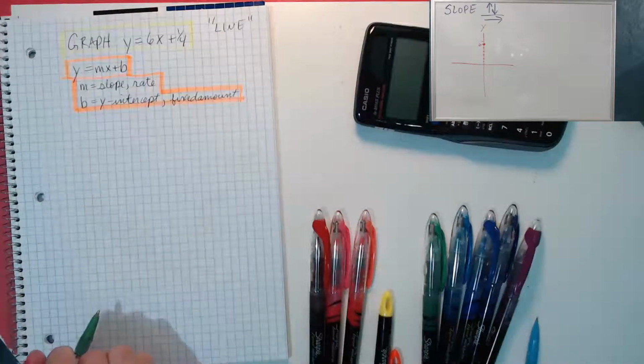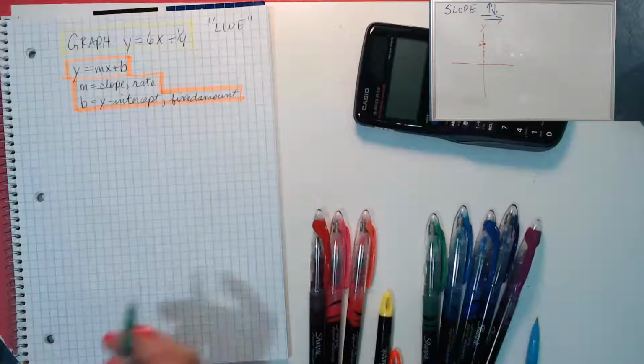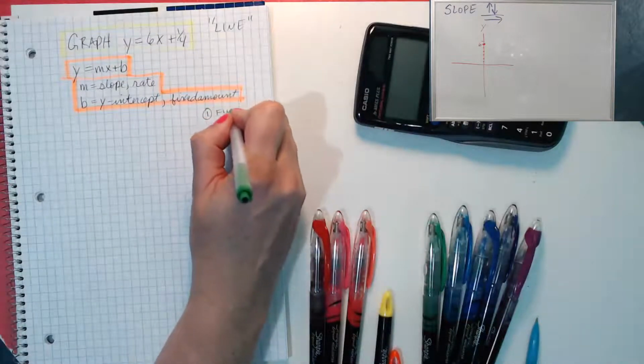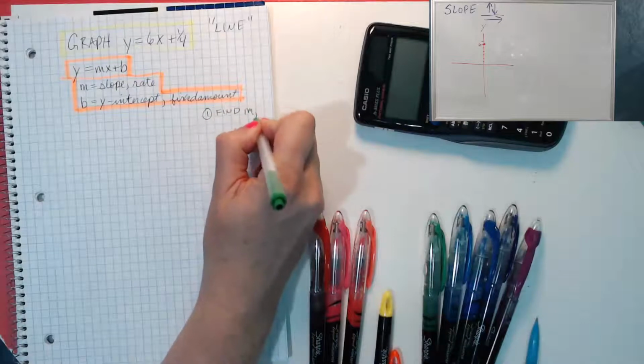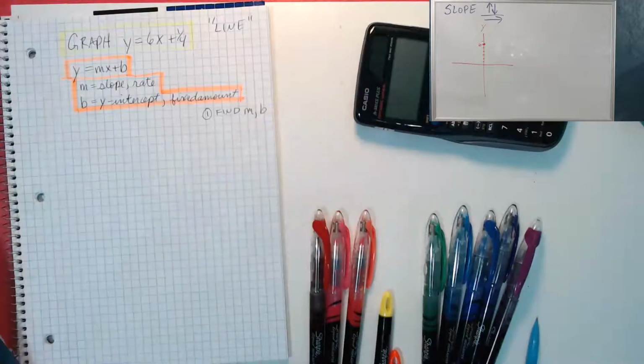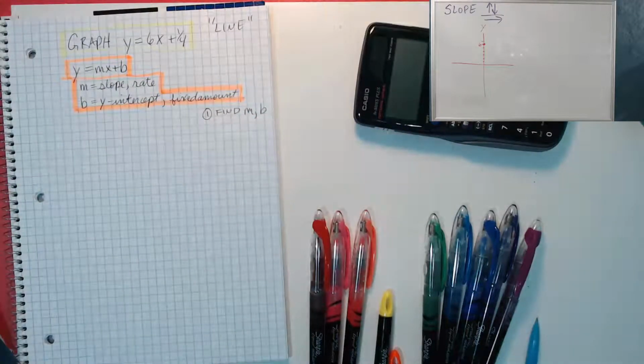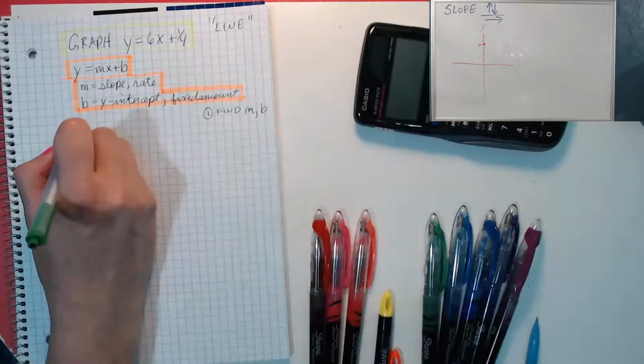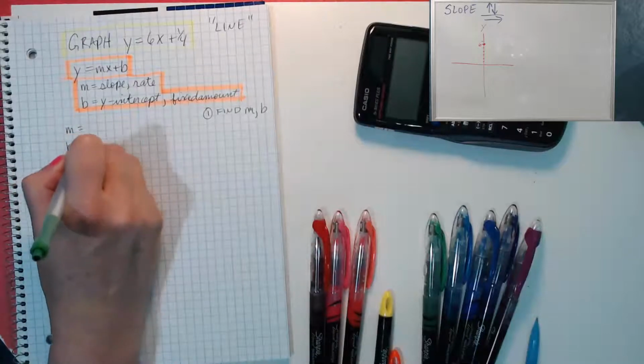So in graphing the line, the first thing we do is over here on the right, we're going to put a 1, find M and B. Okay, find M and B. So what is our M and what is our B?